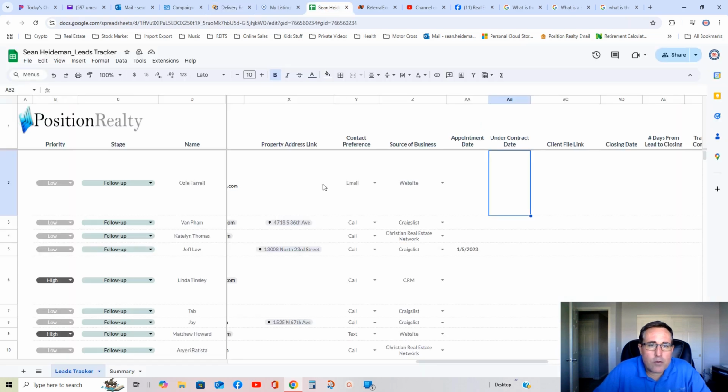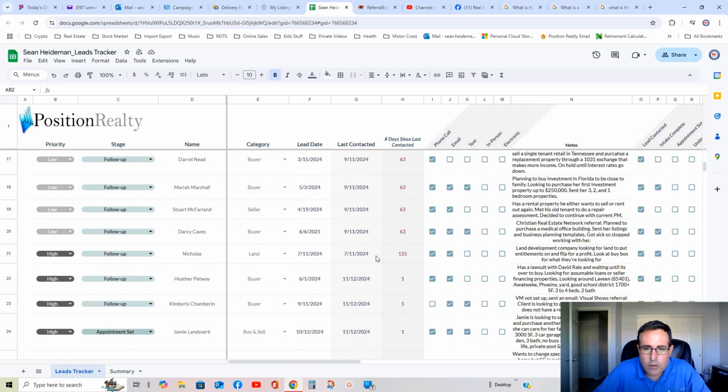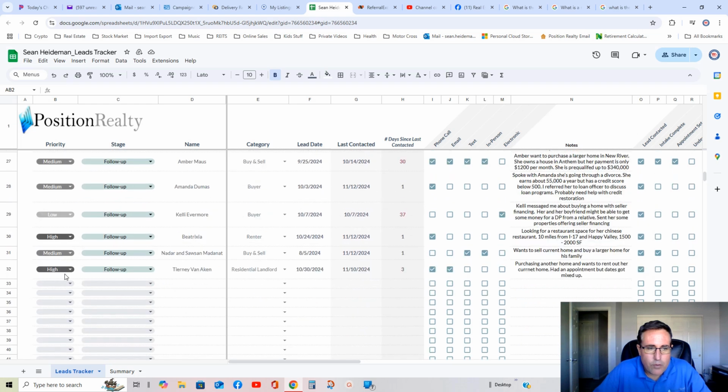And here are some other ideas. Here's our lead conversion or lead tracking database. Hopefully you guys are using this. You put all your contacts in here, and you want to call them based on their interest level in buying. Your high is somebody that's going to buy within the next 3 months.